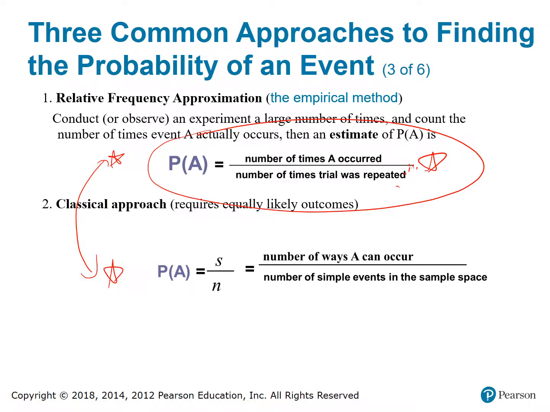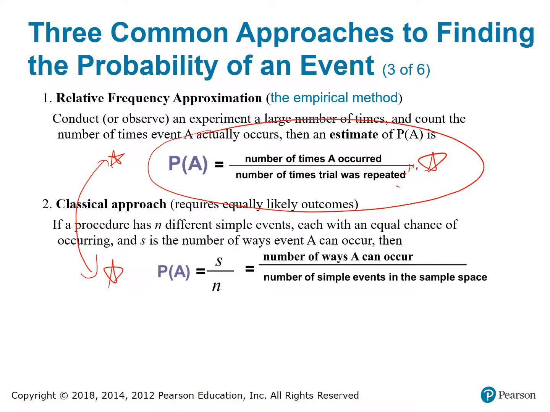And this down here is called the classical approach of calculating probabilities. If you have equally likely results, and S number of ways the particular event can occur, the probability is simply S divided by N. This is your probability game, such as flipping a coin, rolling a dice, or what have you.